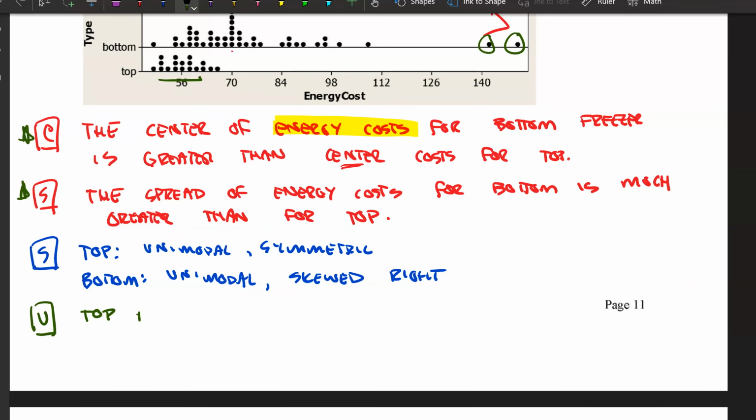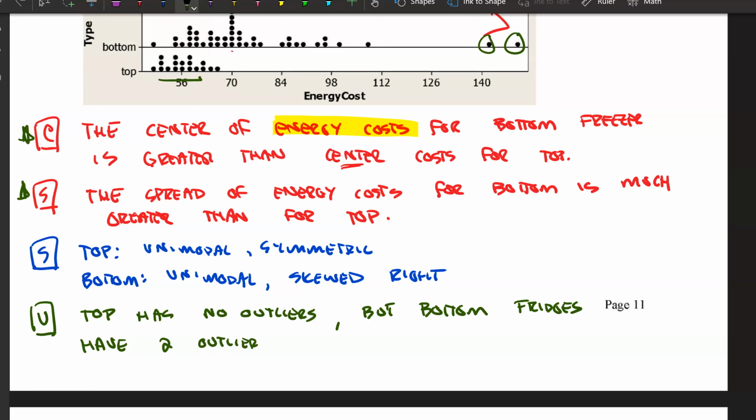So top has no outliers, but bottom fridges have two outliers with unusually high energy costs relative to other bottom freezers.